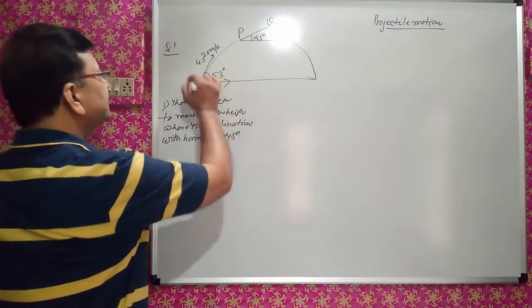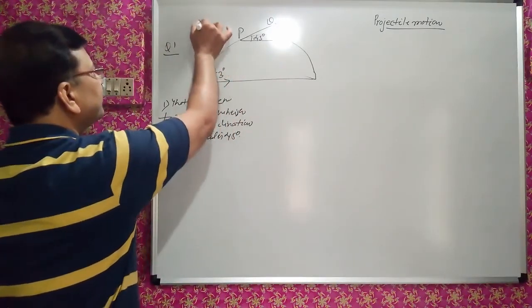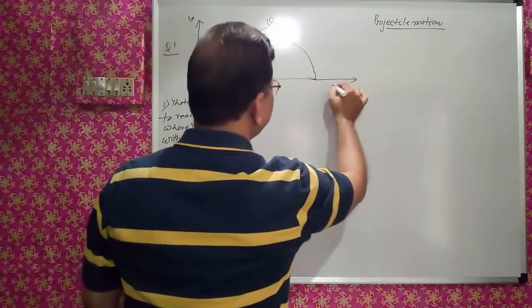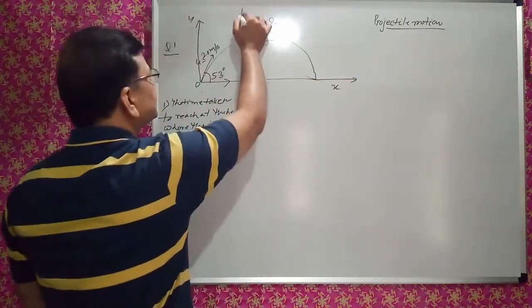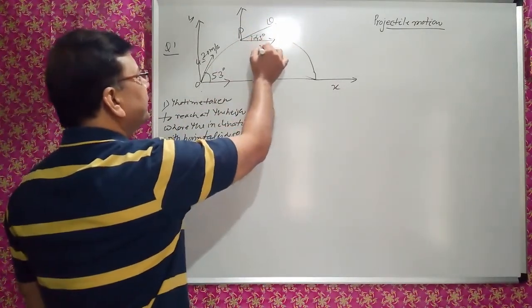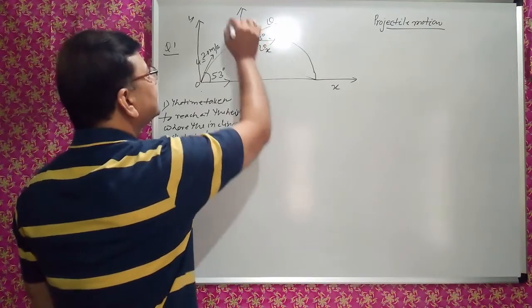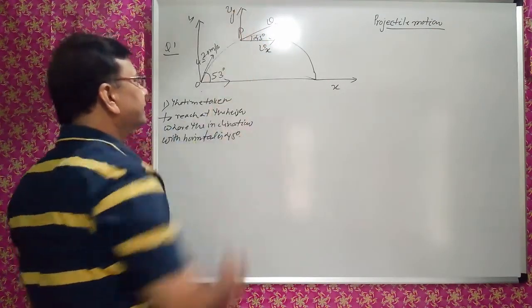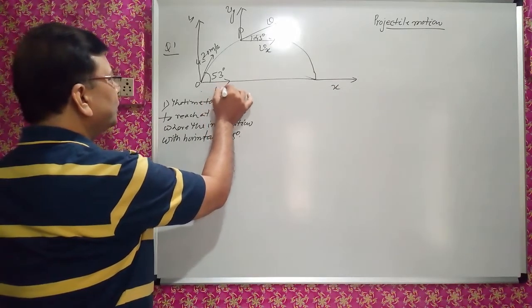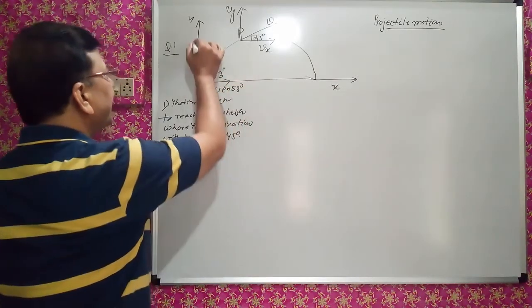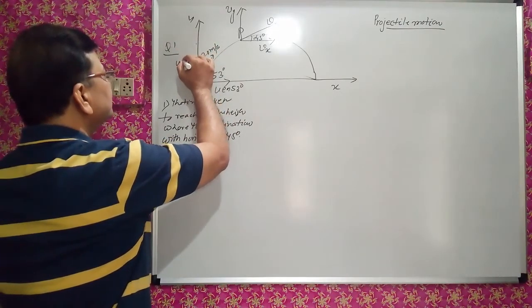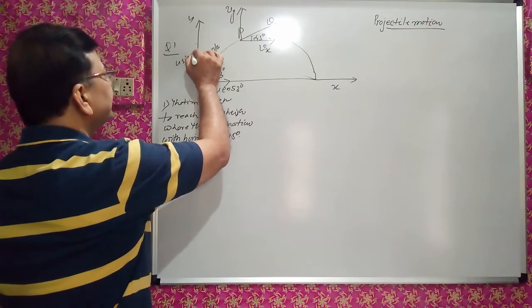First we will resolve this velocity in two perpendicular directions, y-axis and x-axis. So this is x-axis, and this velocity will also be resolved in two directions. So it will be vx and it will be vy, right? And it will be u cos 53 degree in this direction, and u sin 53 degree in this direction.